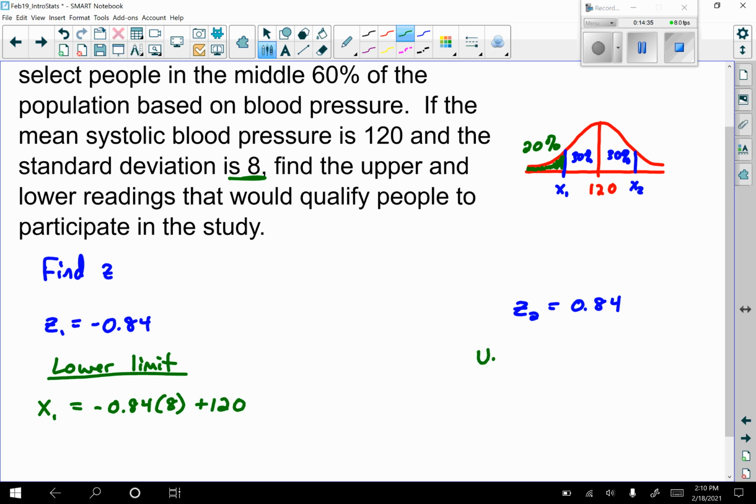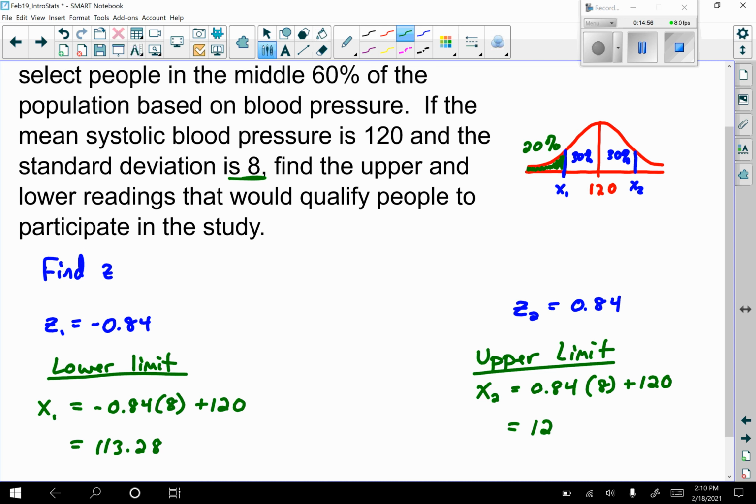And then our upper limit over here, X sub 2 is going to equal positive 0.84 times 8 plus 120. So our lower limit is turning out to be 113.28, and our upper limit is 126.72.